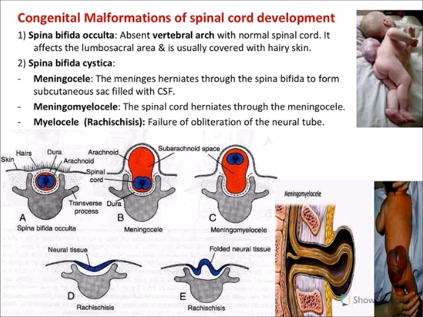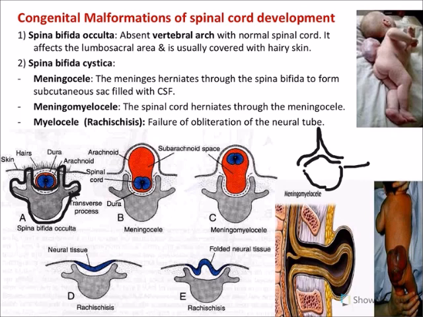If you see this picture here, this is the vertebra, and this is what's called the vertebral arch. In the normal development of the vertebrae, you have the spine in the posterior part of the vertebral arch.